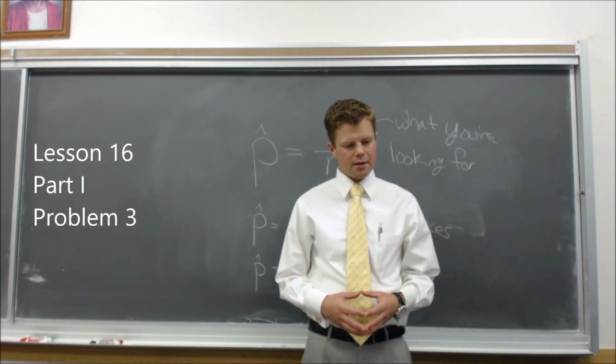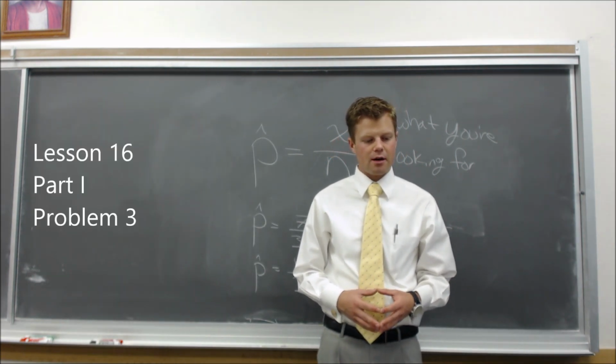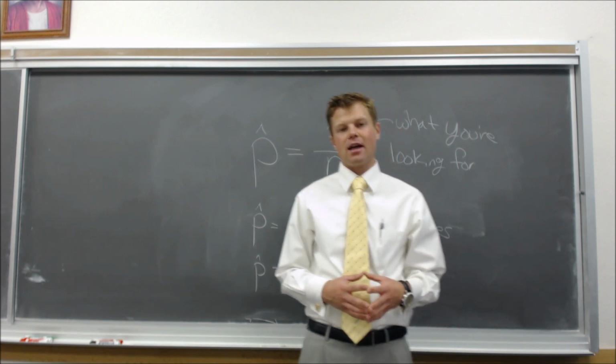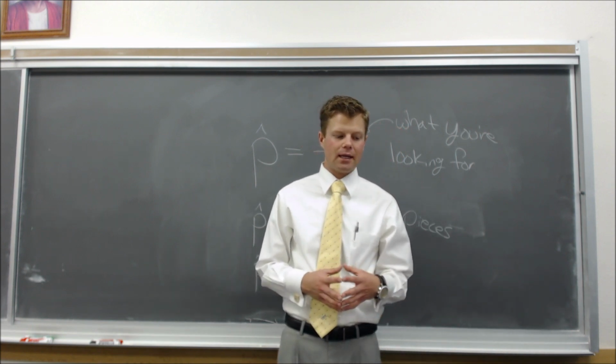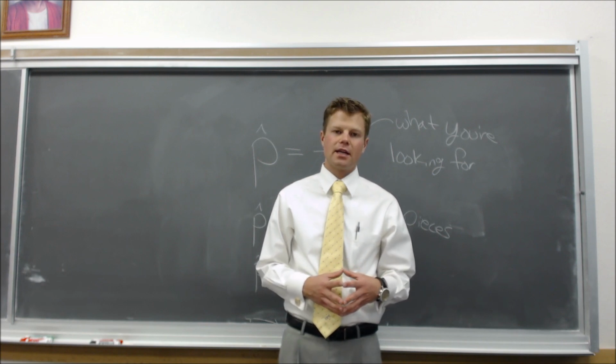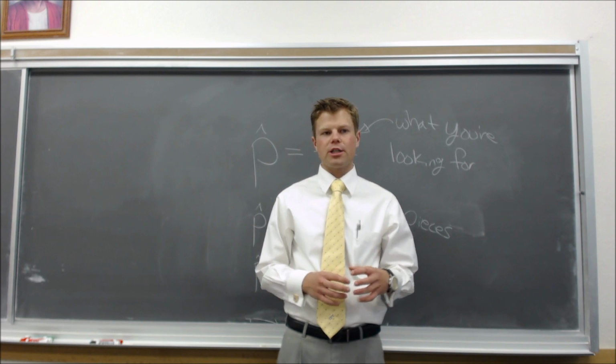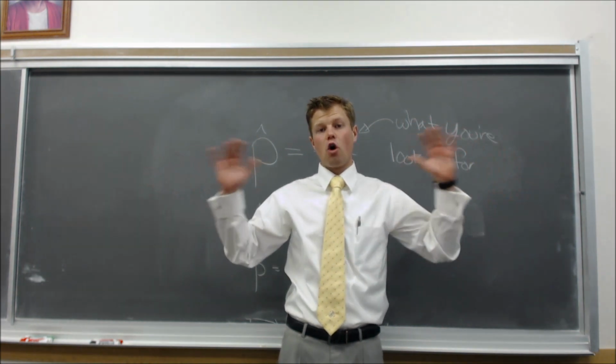Question number 3. What is the mean of the sampling distribution of the sample proportions p hat? This is represented by the letter P, which stands for the population proportion, or the proportion of the whole.